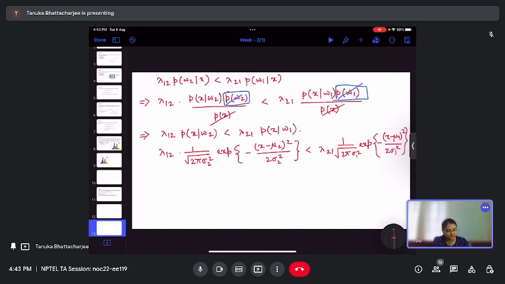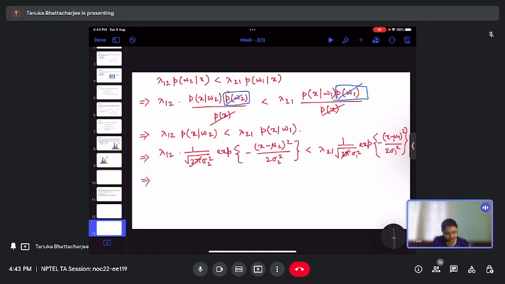Again we can cancel the 2 pi, and if we take the log of this, since log is a monotonic increasing function, that will retain the relation as it is.